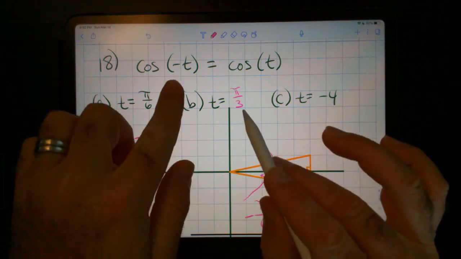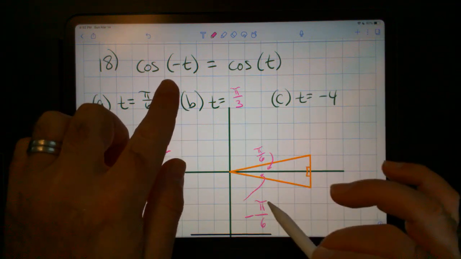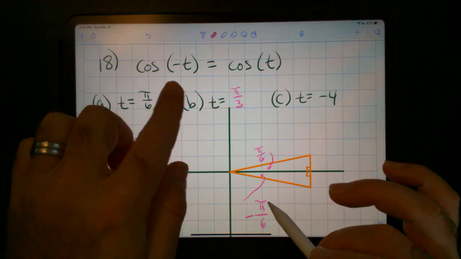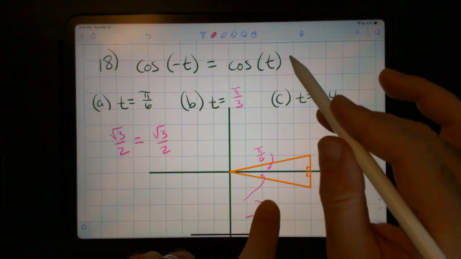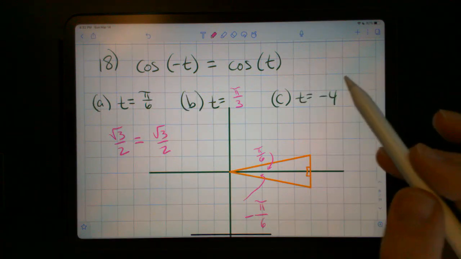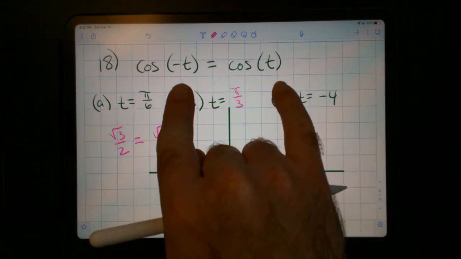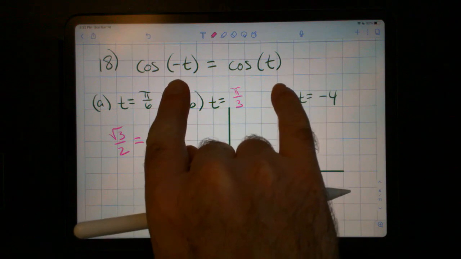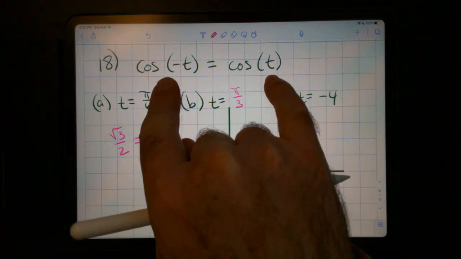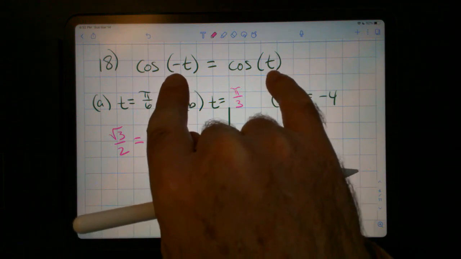Cosine of negative 60 degrees is going to be 1/2. Cosine of positive 60 degrees is also going to be 1/2. 1/2 is equal to 1/2. Cosine is an even function, so cosine of negative whatever your angle is is going to equal cosine of positive whatever that angle is.